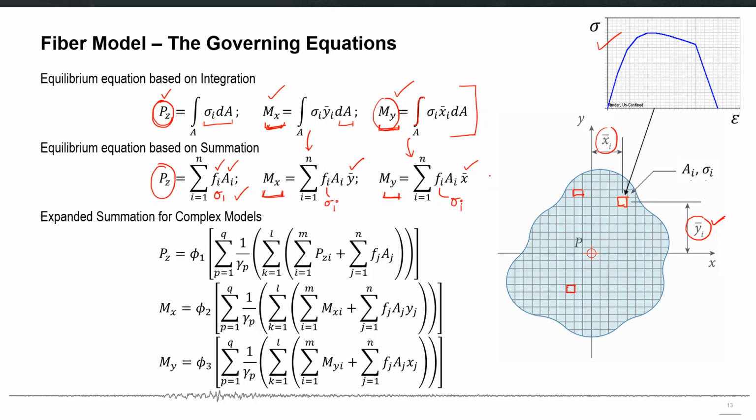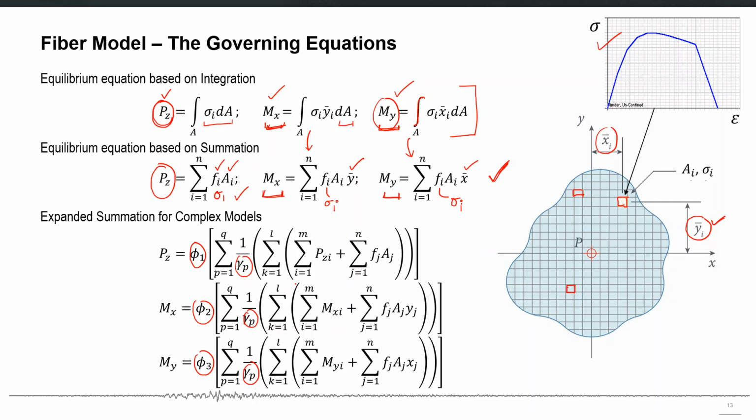So this equation basically can handle all possible complex cross sections, but if you also want to include the code prescribed capacity reduction factors, for example shown here as phi1, phi2, phi3, and maybe the gamma factors. If you want to add those factors also in the equation, because you may want to use these stress resultants for the purpose of design, the code prescribed factors can also be included in these equations.